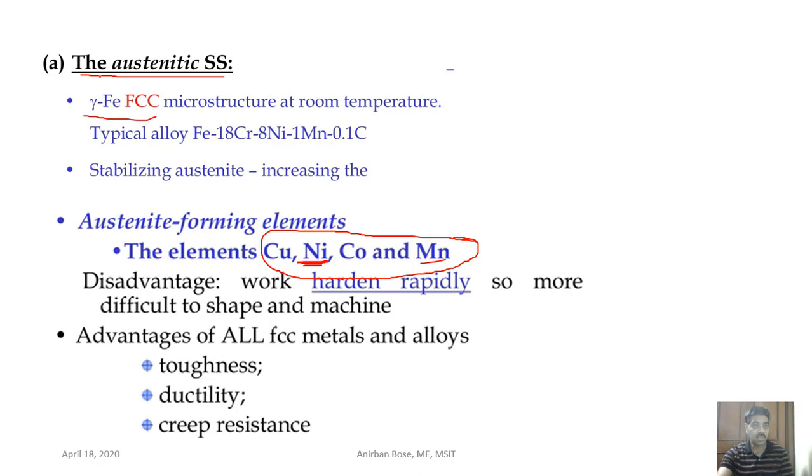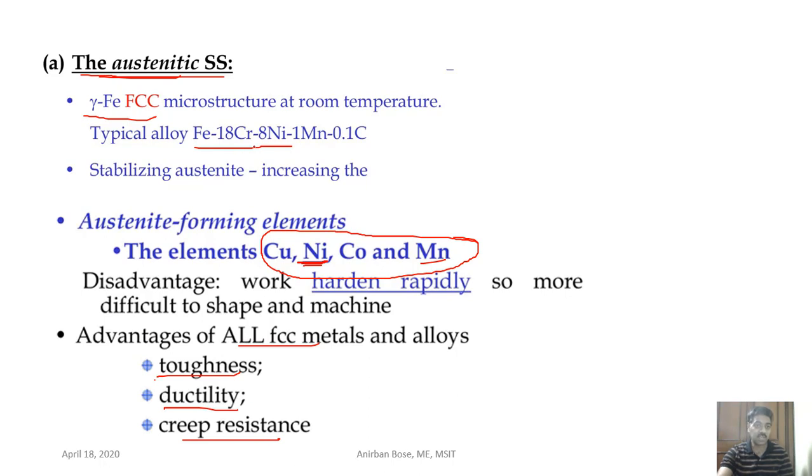And these are very high quality stainless steels, and corrosion resistance is very high. The final structure is austenite, a bit costly, but very good properties are there. The very good advantage of all FCC structures: toughness, ductility, creep resistance. So for high temperature application, good wear resistance.